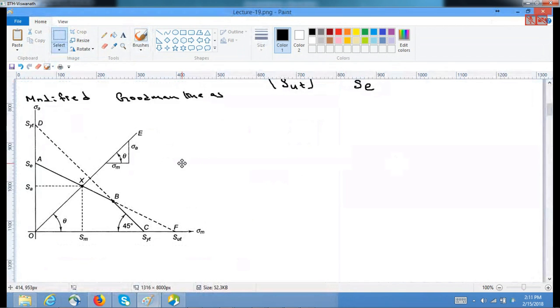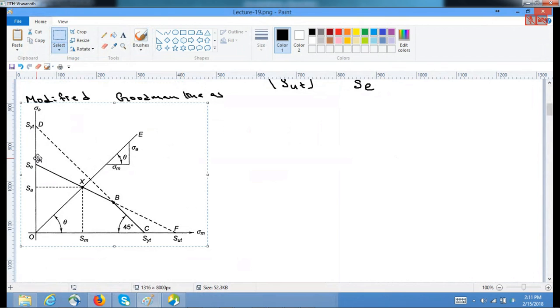Up to one point, AB is the Goodman line, and DC is the yield line. At higher values of the mean, the limit is given by the yield. That's the reason the yield locus for the augmented or modified Goodman would be A, B, and C.